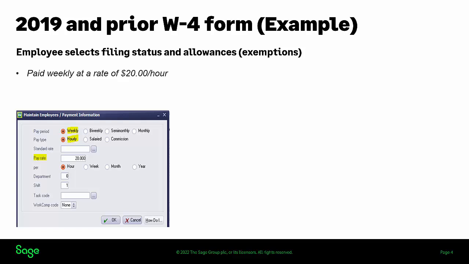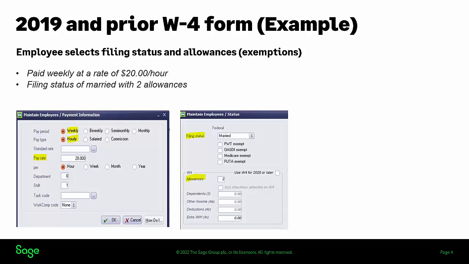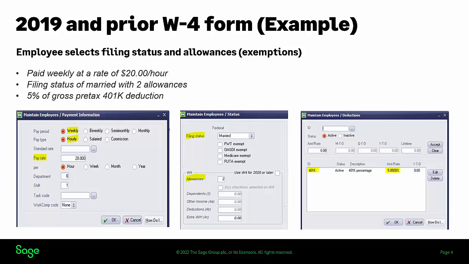We have an employee that is paid weekly at a rate of $20 an hour. So under Maintain Employees, under their pay info, we can see it's weekly, hourly at $20 an hour. Their filing status is married using 2 allowances. They have a pre-tax deduction 401k, 5% of the gross.